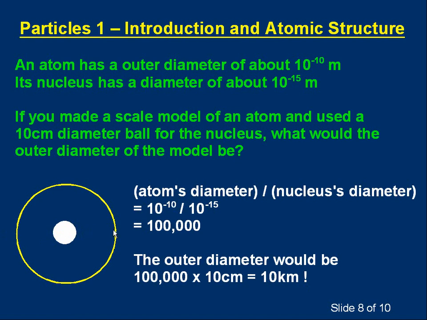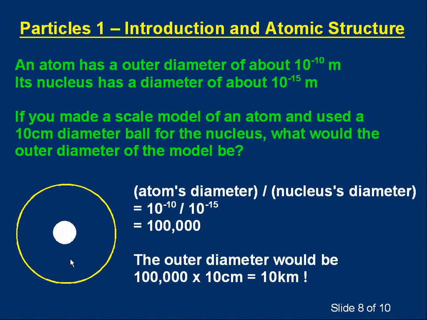So if you made a model, just think about this. You'd have your 10 centimeter diameter ball in the middle, but the outer electron on your model would be 5 kilometers away, and the space in the middle is just empty. And this means that most atoms, well not most, all atoms consist almost entirely of empty space.